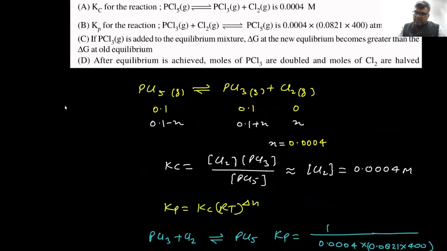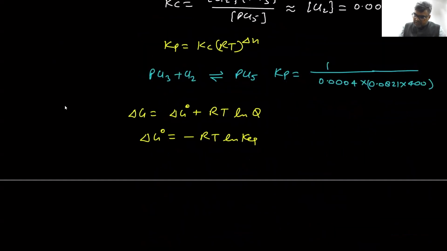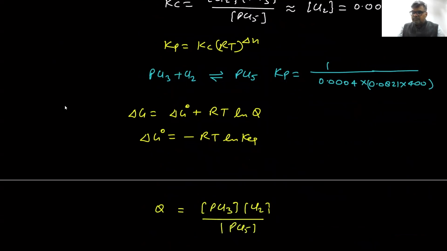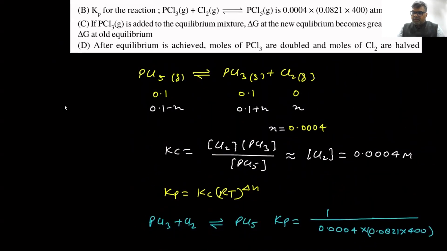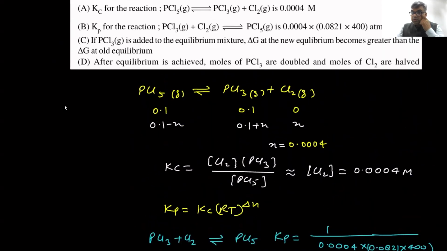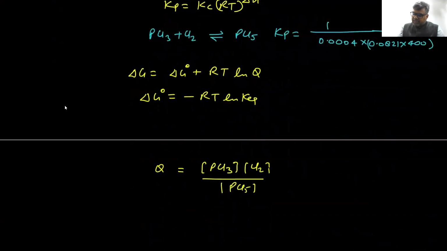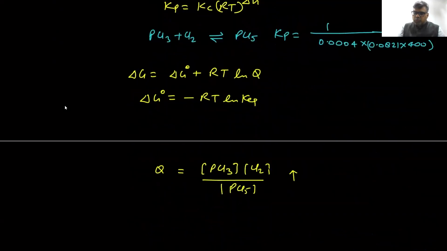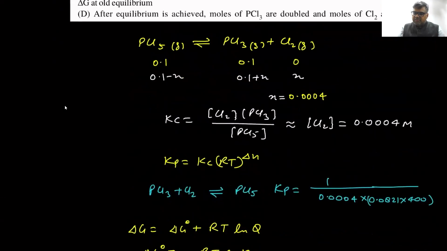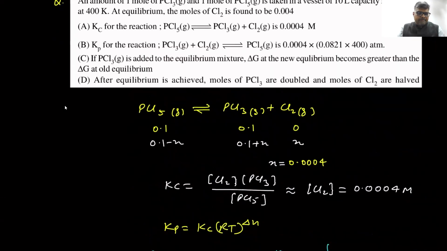And since you are increasing the concentration of PCl3, the Q value, which is the active mass of PCl3 into Cl2 upon PCl5, changes. Be careful, the question is asked about delta G, not delta G naught. Once you have added PCl3, you have increased Q. Once Q increases, ln Q will increase, so delta G will certainly be enhanced.